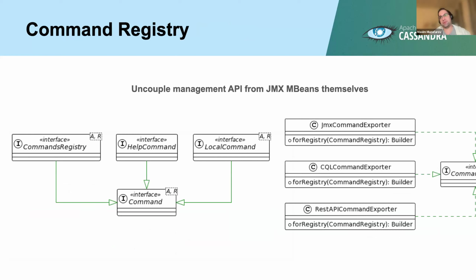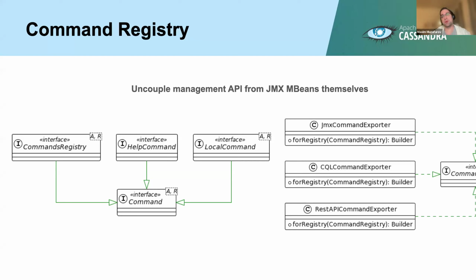So we will reuse this idea in our command registry solution. It's basically the same thing: we will have a command interface. We will have commands like the help command or local command interfaces, and we have a command registry, so we can put all our commands in this registry and use them dynamically.